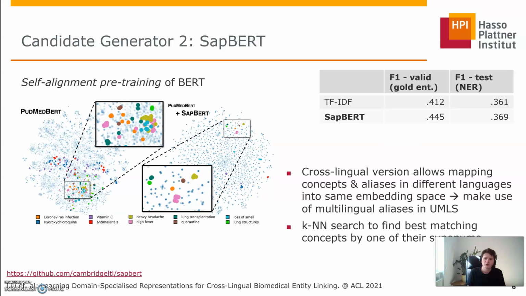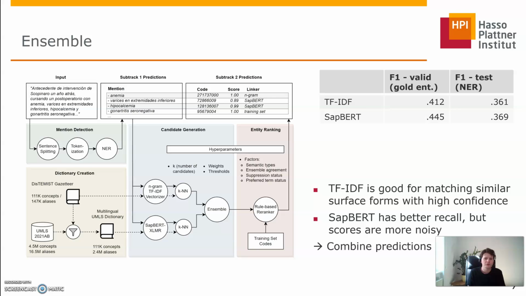But if we look closer, we notice that these two candidate generators are actually good at different things. If the surface forms are very similar, the TF-IDF vectorizer is really good, while the SapBERT candidate generator is better at capturing semantics, but its predictions are often more noisy than the TF-IDF scores.